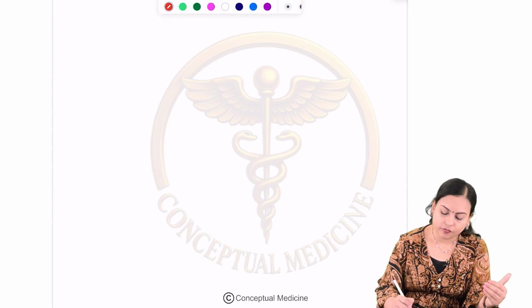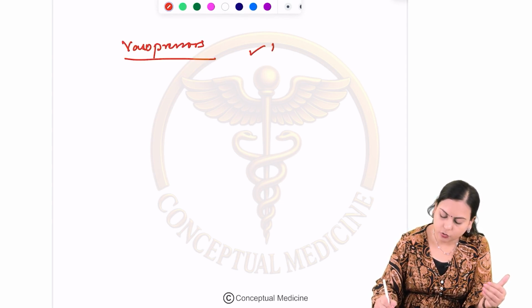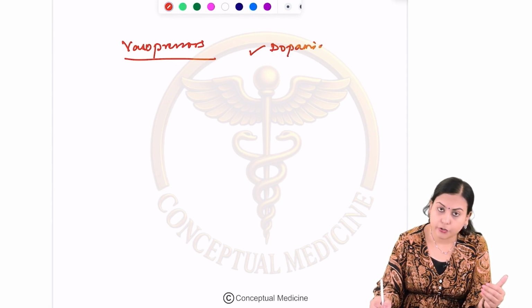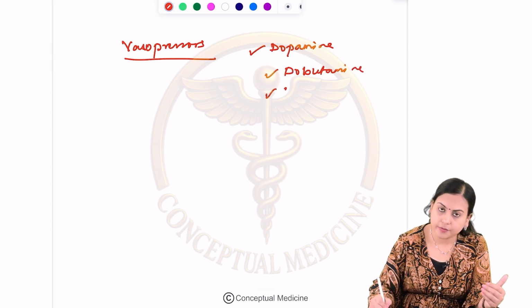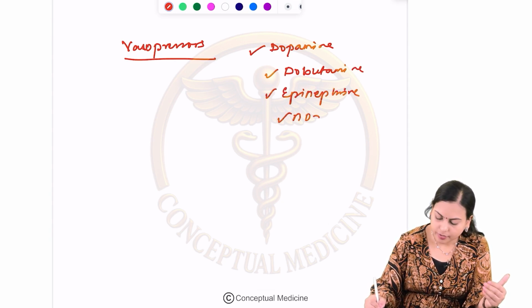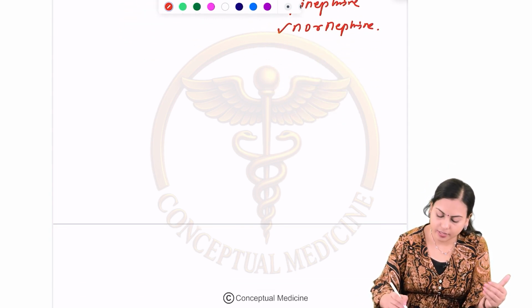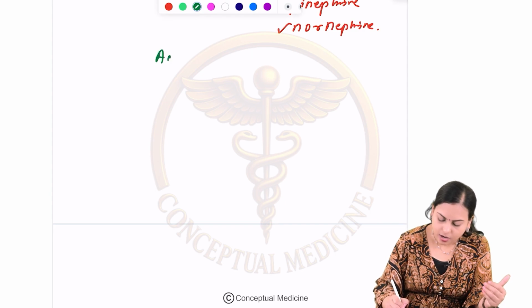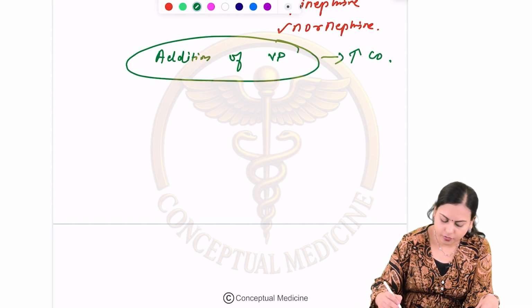Early start of vasopressors like dopamine, dobutamine, epinephrine or norepinephrine can be done if there is persistent hypotension. Addition of vasopressin can also be considered to increase the cardiac output.